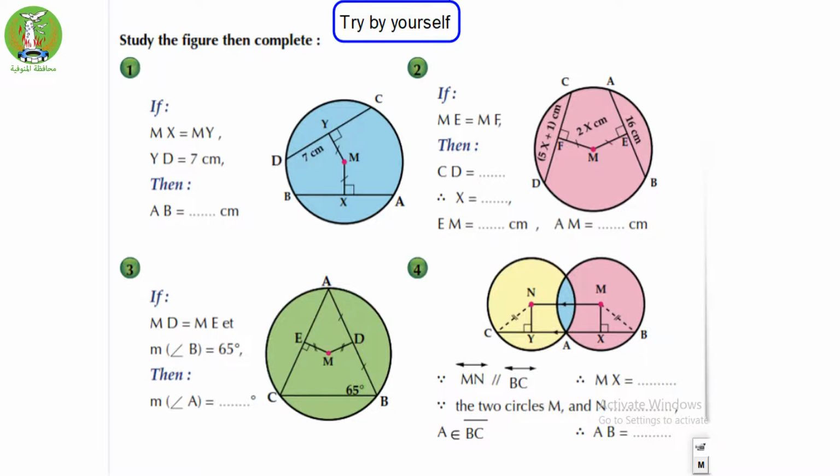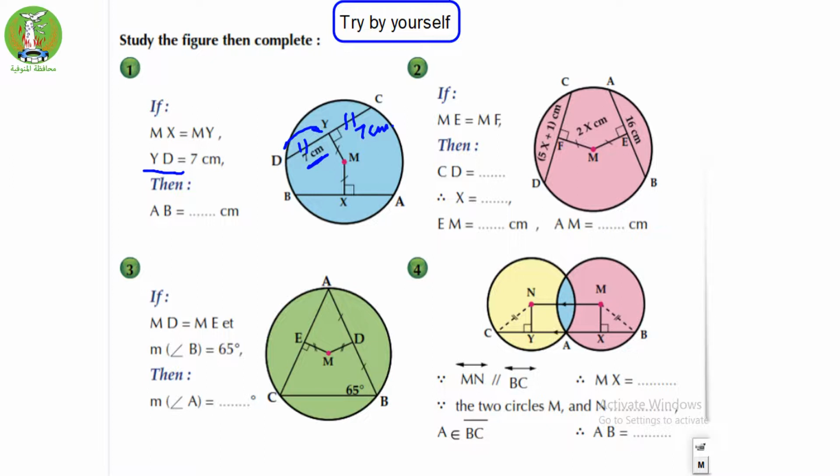If MX equals MY and YD equals 7 centimeter. Since MY is perpendicular to CD, then Y is the midpoint of CD, then YC equals YD. Then YC equals 7 centimeter.